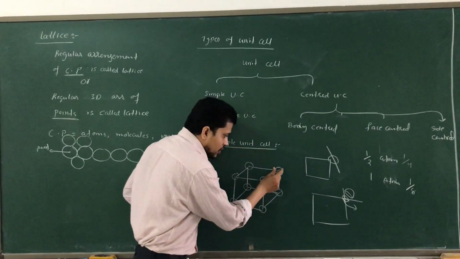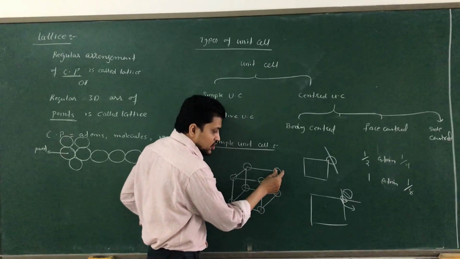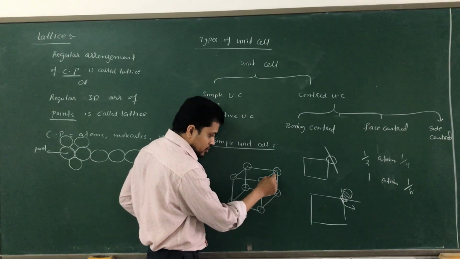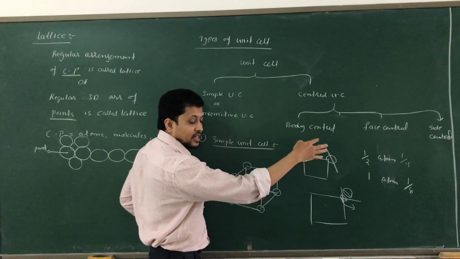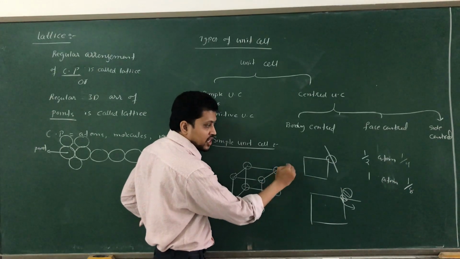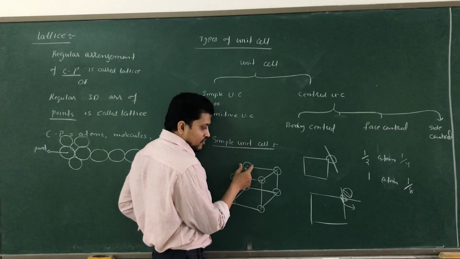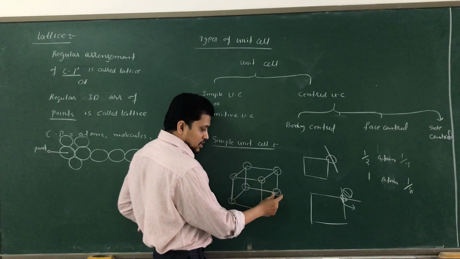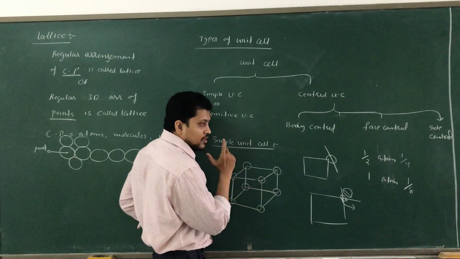That means this atom we are seeing over here in the corner is sharing only 1/8 part of it to this particular cell, and the remaining they are sharing with the neighboring unit cell. They are sharing the other part. So this one is also sharing 1/8. This one is also sharing 1/8. So all atoms are sharing only 1/8 part of it to this particular cell.